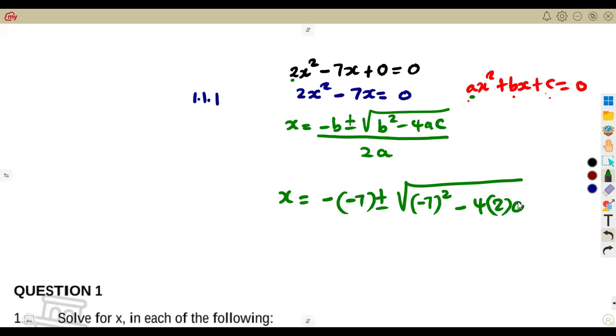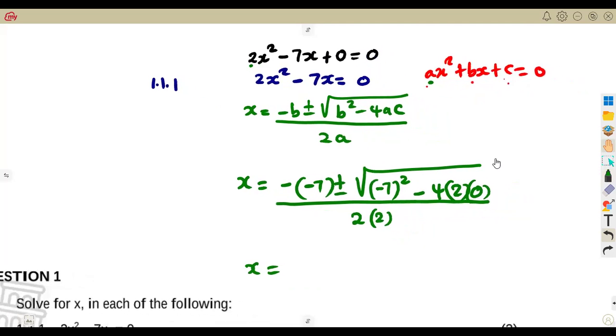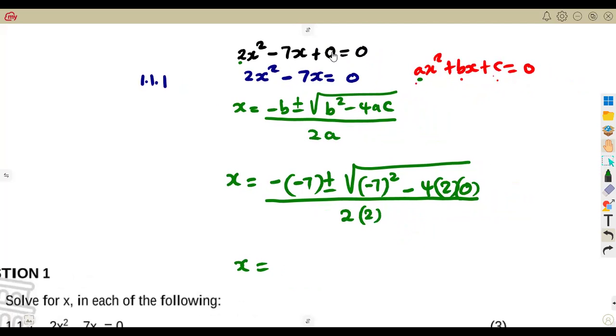So the number there is 0. There's nothing there. All right. So that is 2 times a, which is 2 times 2. You can simply use your calculator to simplify.